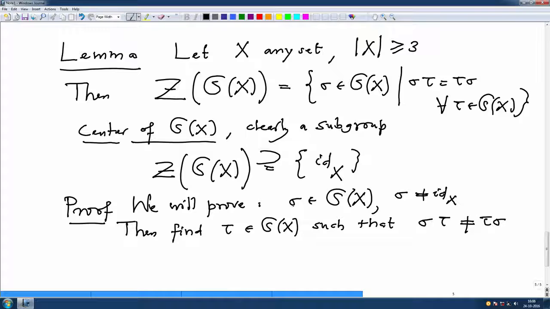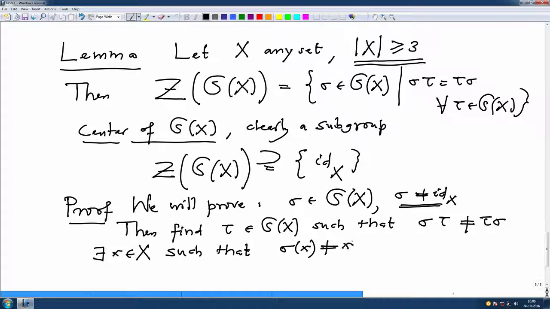That will mean that sigma cannot belong to the center. For that I will have to use cardinality at least 3. So sigma is not identity, therefore there exists x in X such that sigma of x is not x, because it is not the identity map. So at least at one x it will not be the same. Let me call this sigma x as y.